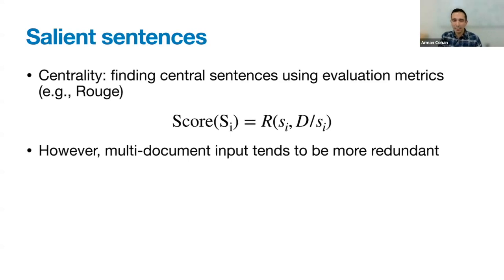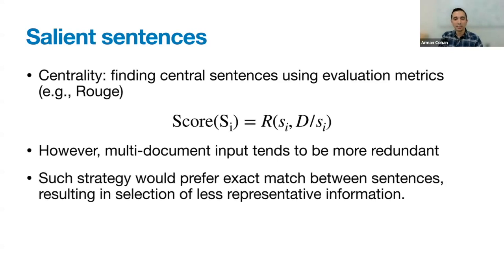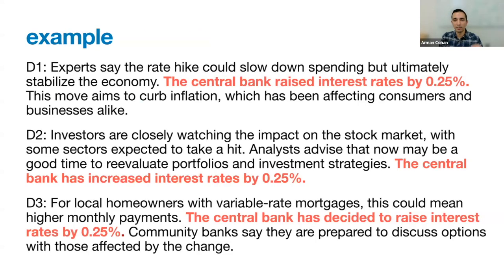However, we found that multi-document inputs tend to be redundant. You usually have a lot of information that talks about the same thing across multiple documents. So if you use this type of centrality metric, you would prefer exact matches between sentences, and then you select sentences that are less representative. Here is an example.